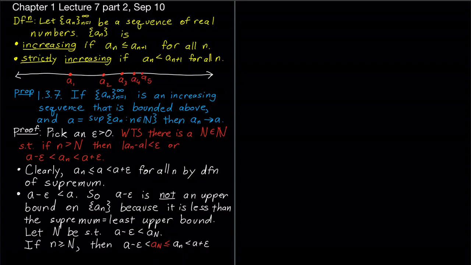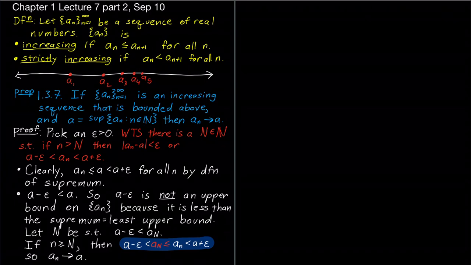So if we just disregard this thing in red, just look at the white bits of this chain of inequalities, then we see that we have satisfied the epsilon N characterization of convergence. So we have that an is converging to a.